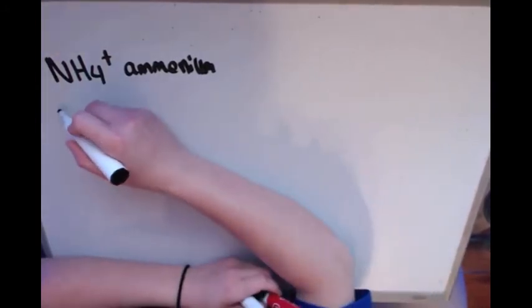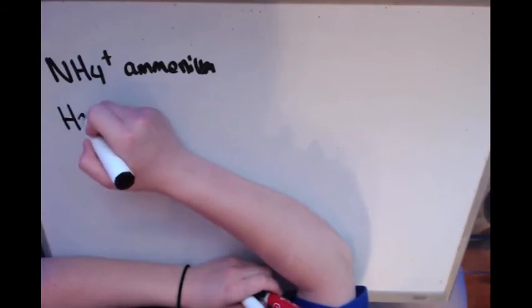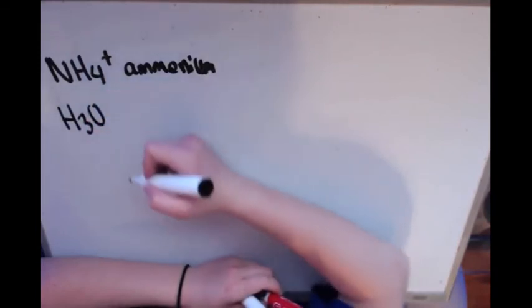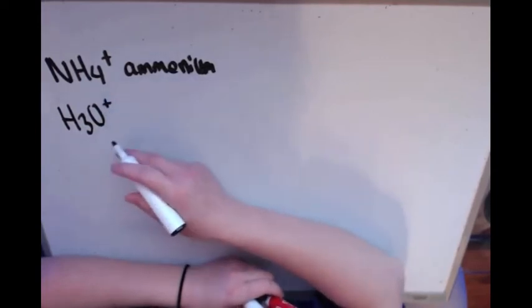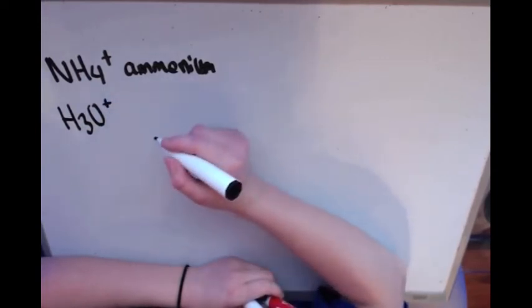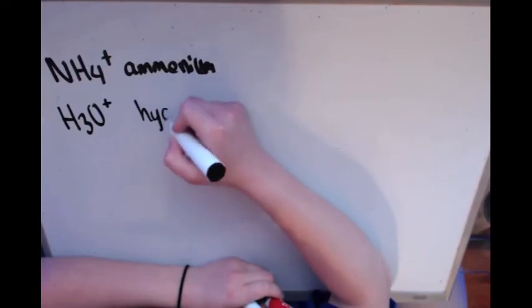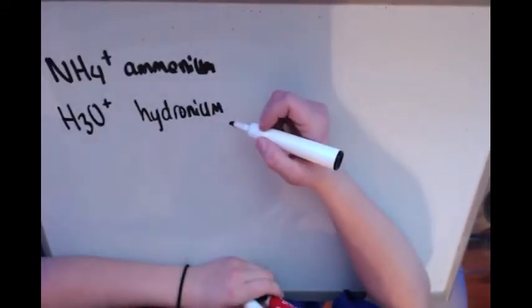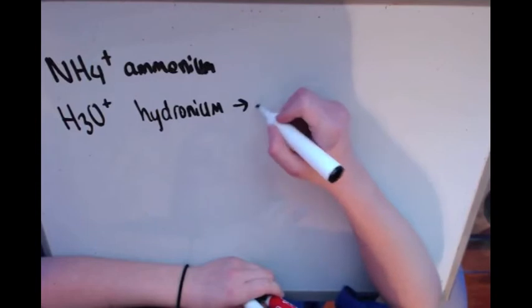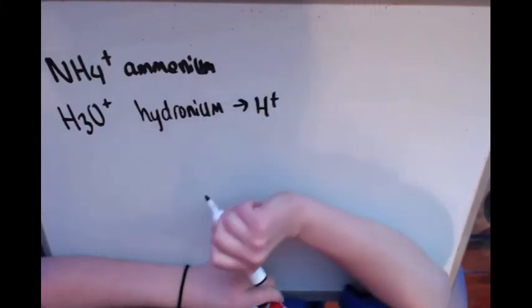Another thing you don't really have to know, I guess, but it's important to know, especially when you get into the concept of acids, is that this is H3O+. We call that hydronium, which in this instance is a polyatomic cation, but we often just shorten it and refer to it as a hydrogen proton.